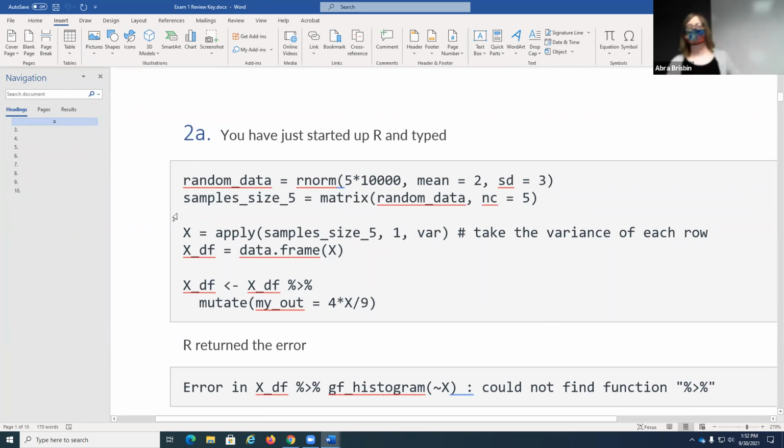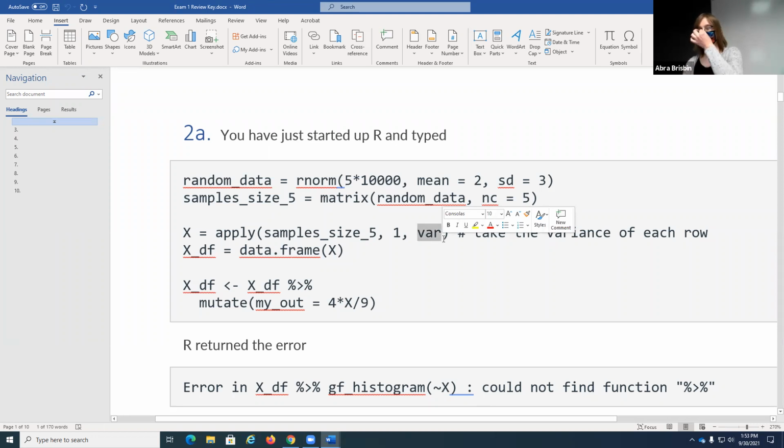And the goal with this sort of problem is to try to connect the code with one of our distributions based on the normal distribution. So here, we're taking numbers from a normal distribution in samples of size 5 and taking the variance of each sample.